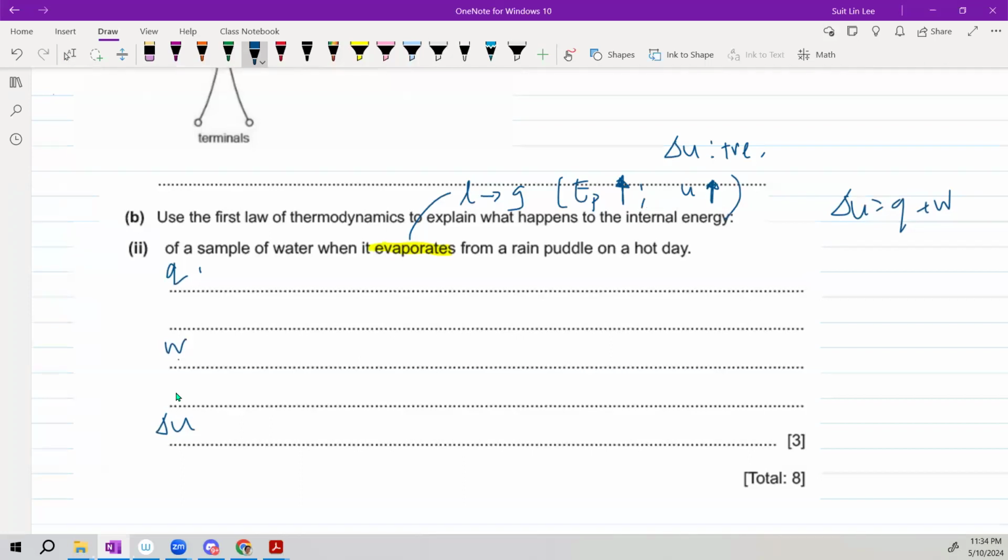If it's evaporating, surely there is some heat absorbed, or thermal energy. Mark scheme tends to use thermal energy.